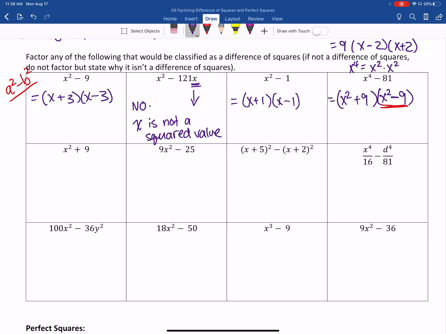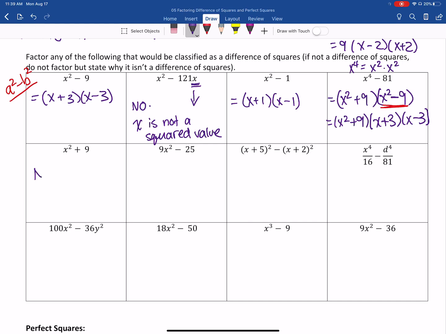So a difference of squares. That means the first one is not a difference because of that positive, so it just stays. Just keep it there. But the second one is a difference of squares. It is x. Oops, let's fix this x. There we go: x plus 3, x minus 3. That is a fully factored question, and that would get full marks.